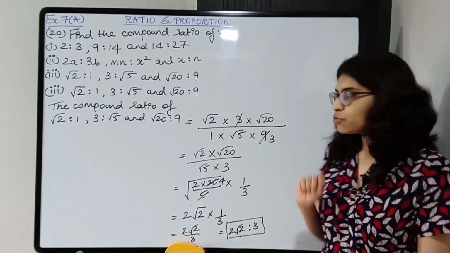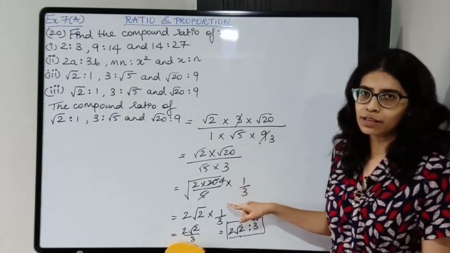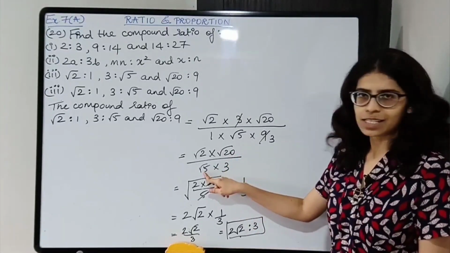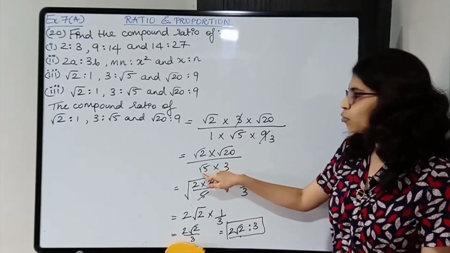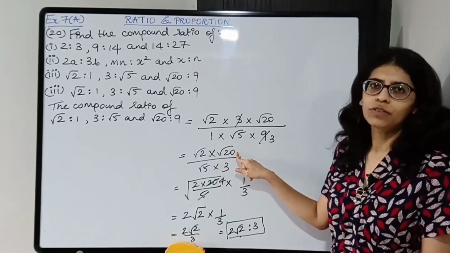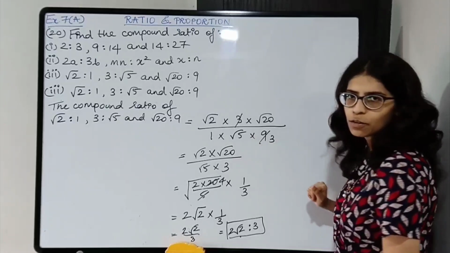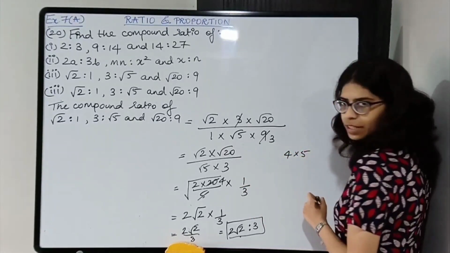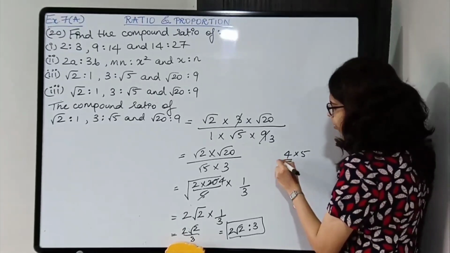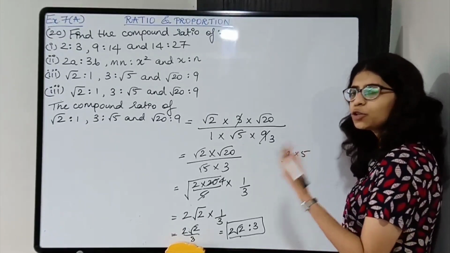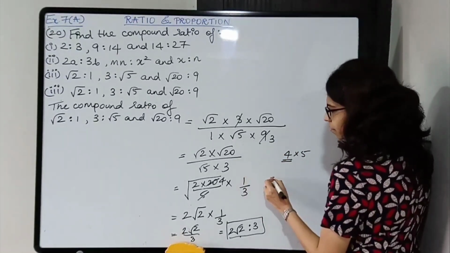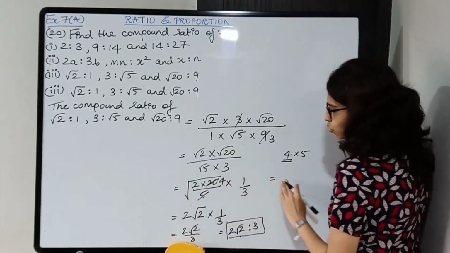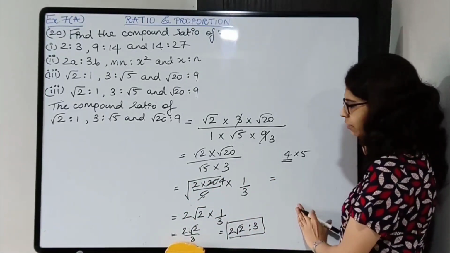Alright, so students be very careful over here. Okay, you can directly cancel out, you could have cancelled out. Root 5 here you could have solved over here only. If you find out the value of root 20, it is 4 5s are 20. Okay, so square root of 4 I can easily find out, it will be 2. So over here, instead of solving it like this, you could have solved it like this also. So I'll show you the other way also.